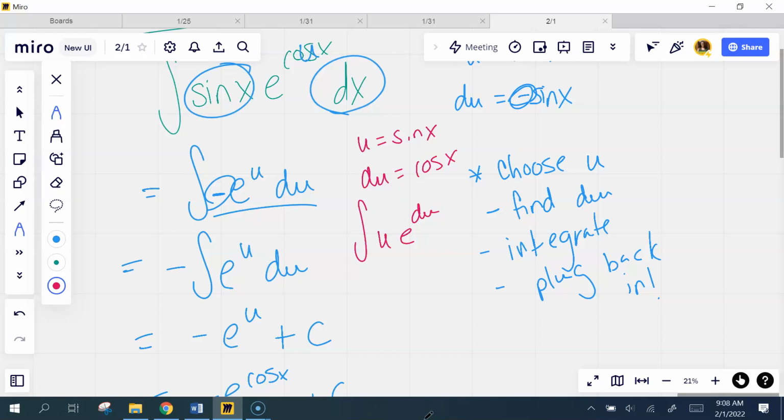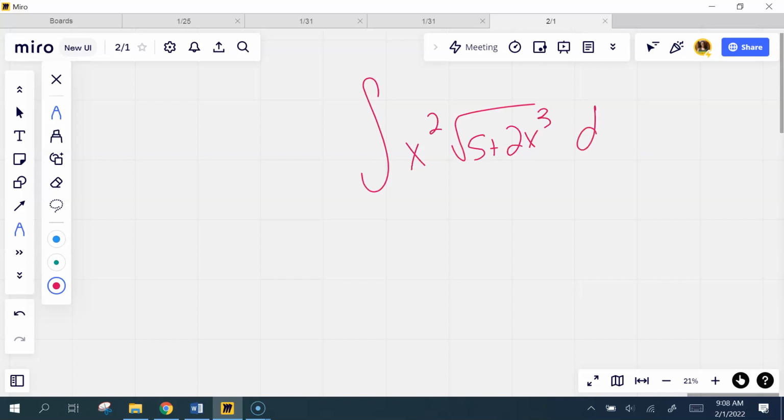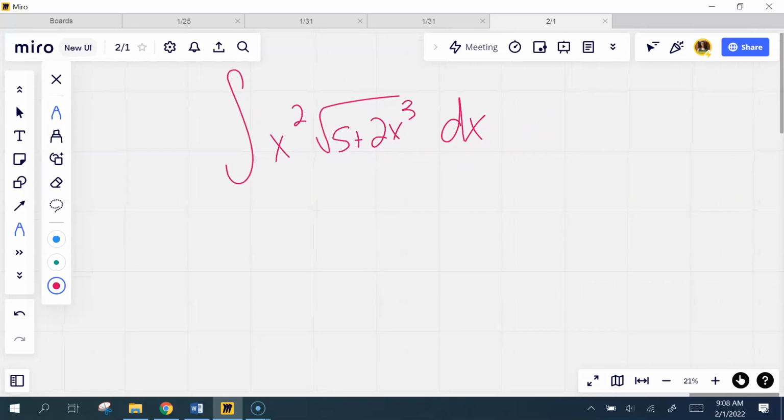How do you choose the right u? You have to look at it and say which one. As you look at this, I know I need to do a u substitution here because I've got this multiplied product, and I just don't even know. What's the u substitution?